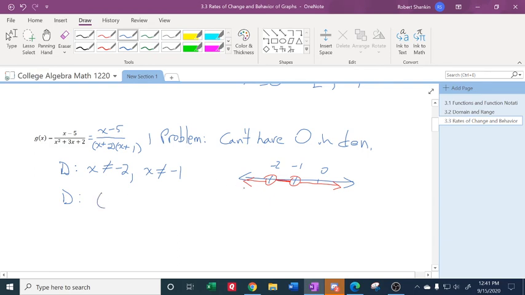Some people write negative 2 comma negative infinity. It's negative infinity on the left side, positive infinity on the right side. But you can't go negative 2 comma negative infinity. It has to be from left to right, just like we read from left to right. The numbers have to move from left to right. So it's got to go negative infinity, comma negative 2.